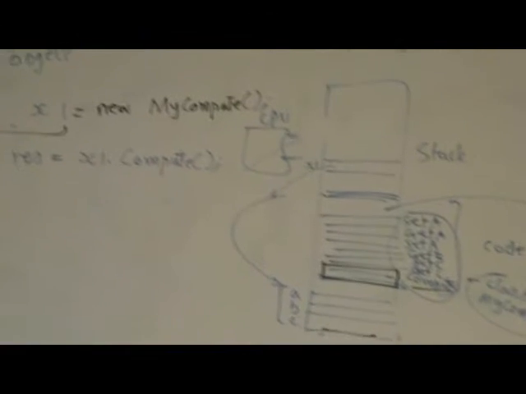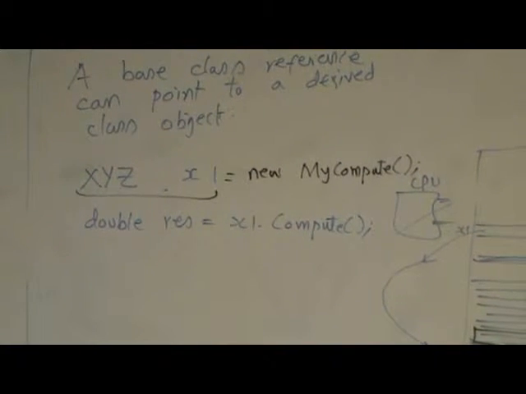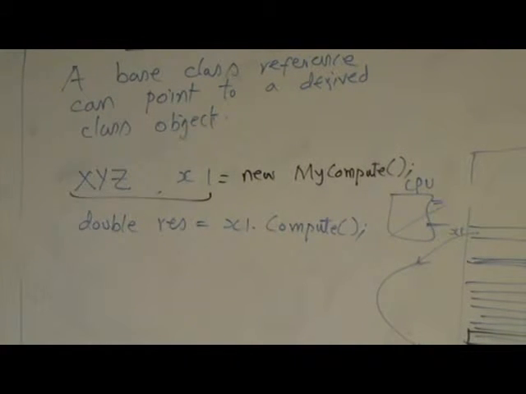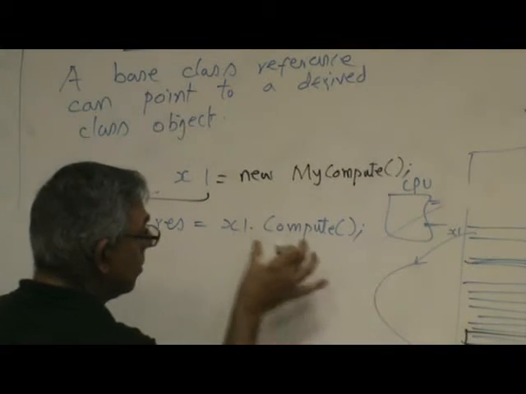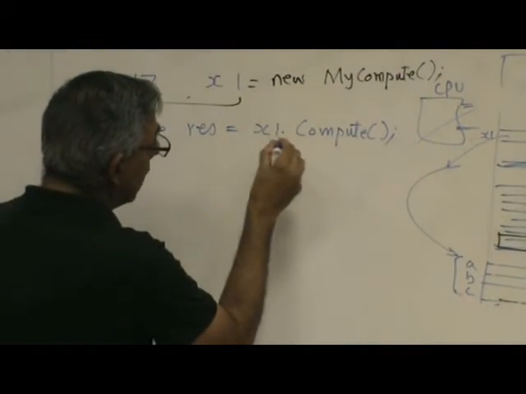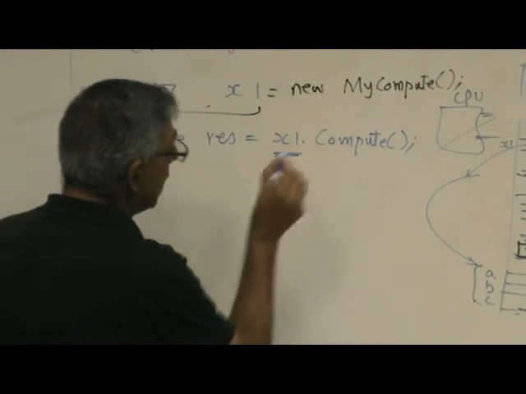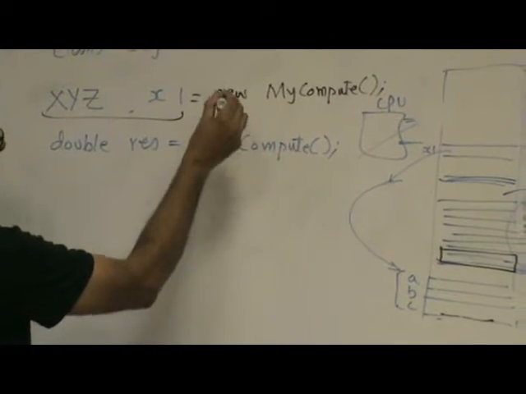So how does the computer decide, or how does the compiler-generated code take us to the correct code? Here's the answer. As we compile the code for this particular call, the compiler checks what type X1 is.